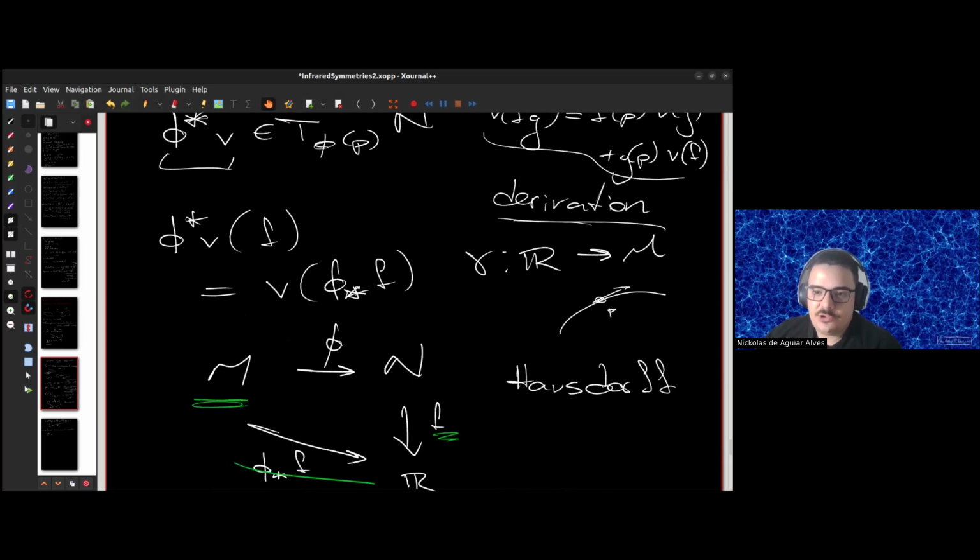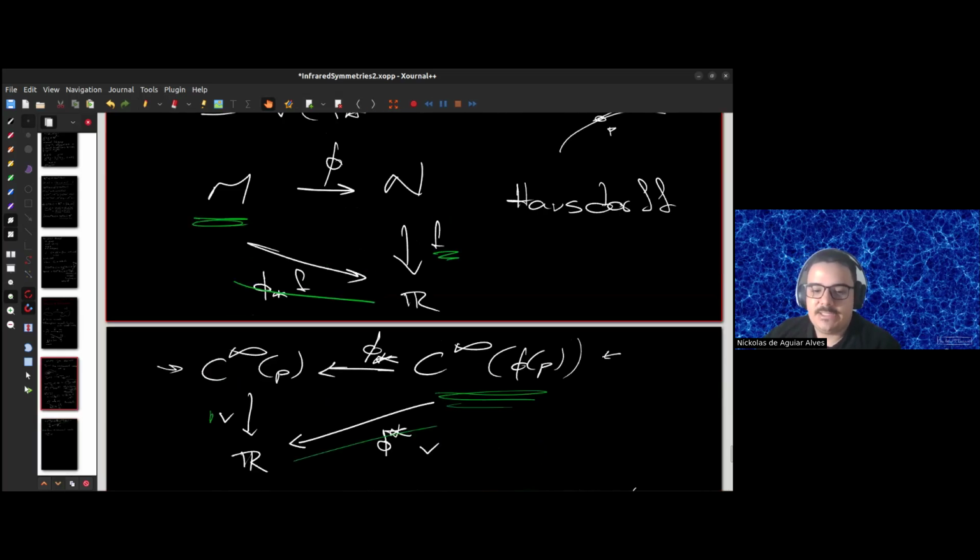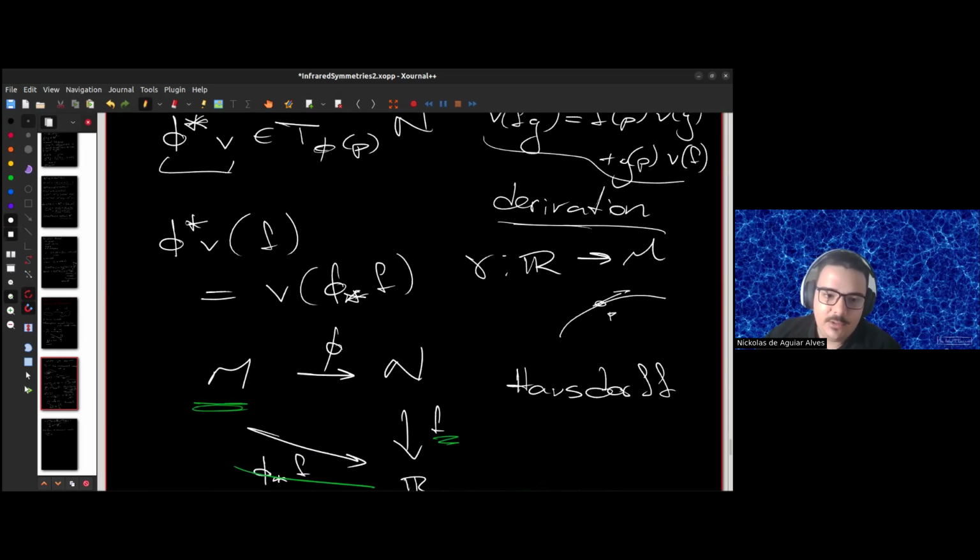So using this notion of a derivation, you can just pick this definition of push forward that I gave, which is this guy here. And notice that this here equals V of F composed with phi. And you can now just consider different functions, and you will find that indeed this is a derivation. So you do need to fill in the details.